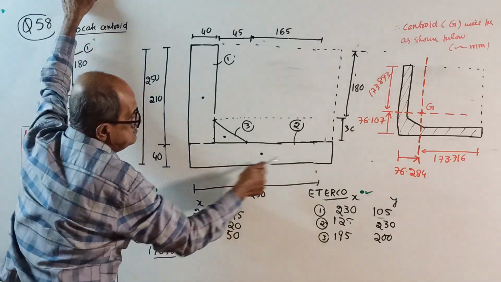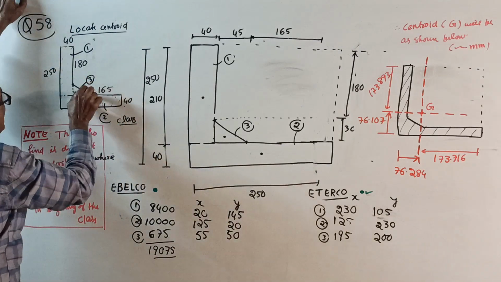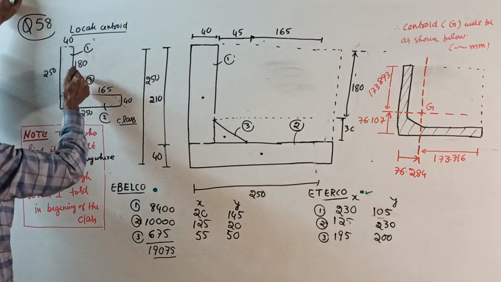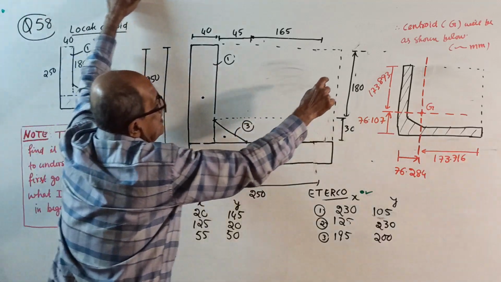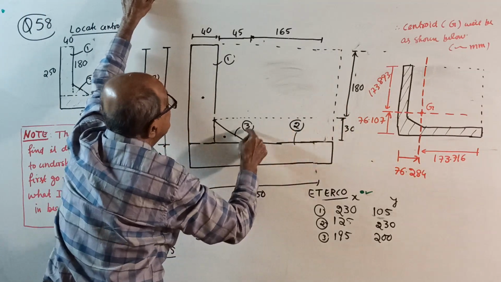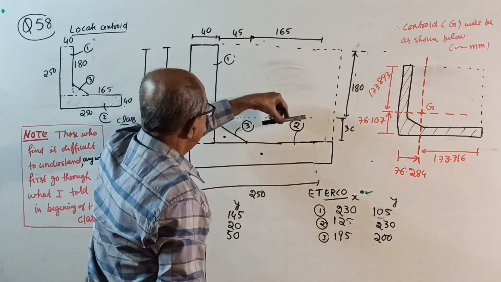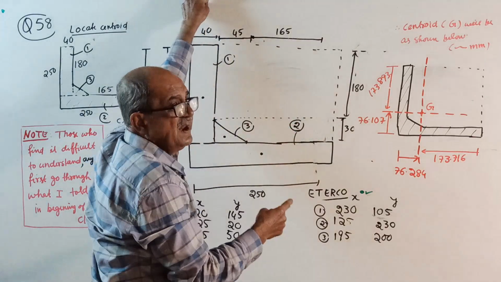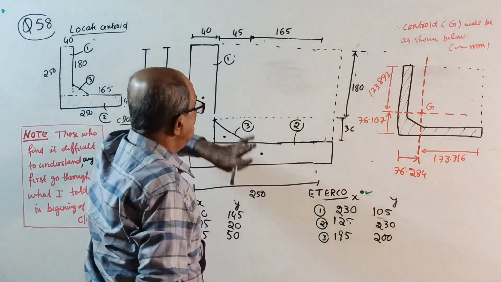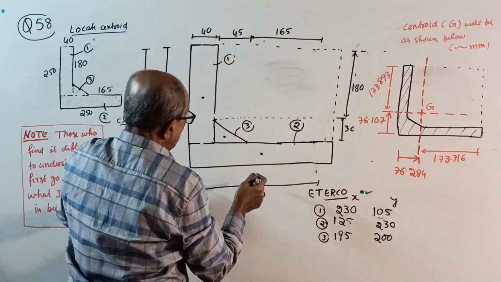For the triangle, the offset is 180, whereas from here to here is 165. It is slightly out of scale; I can't change it because of a space problem.